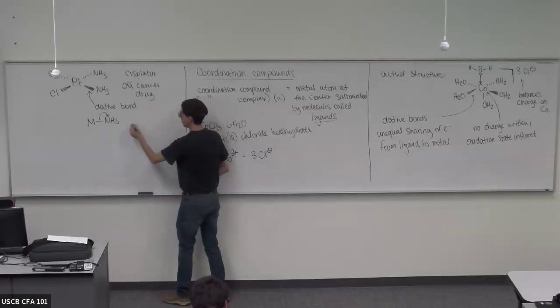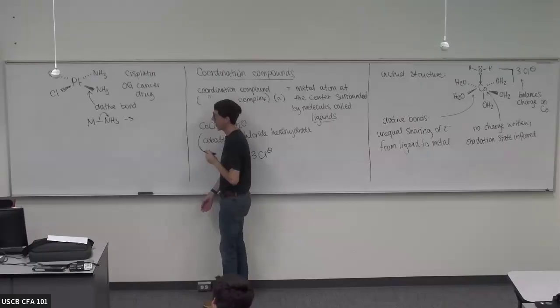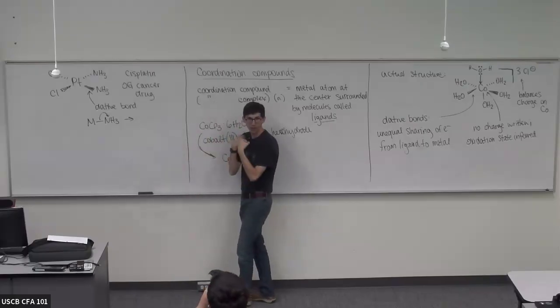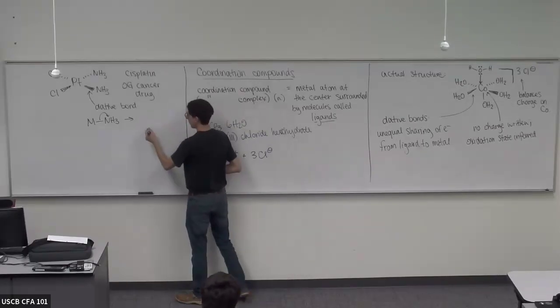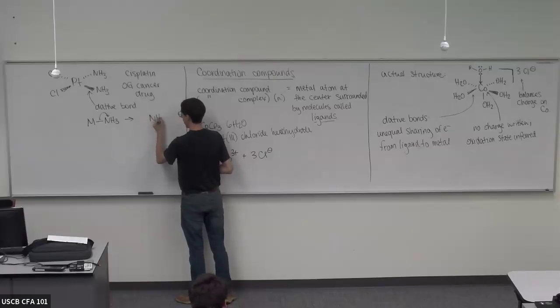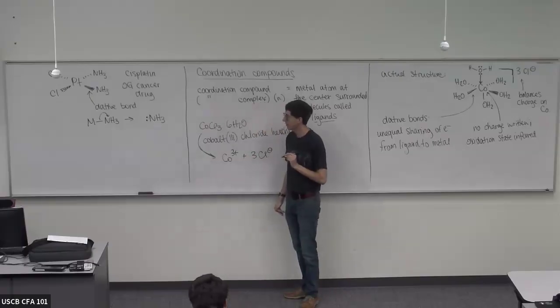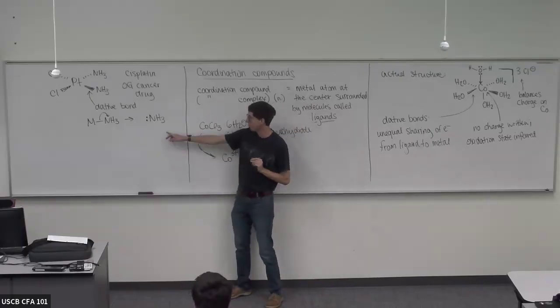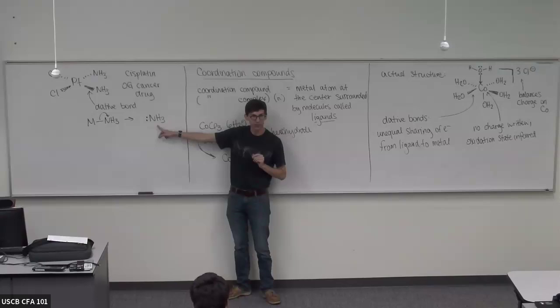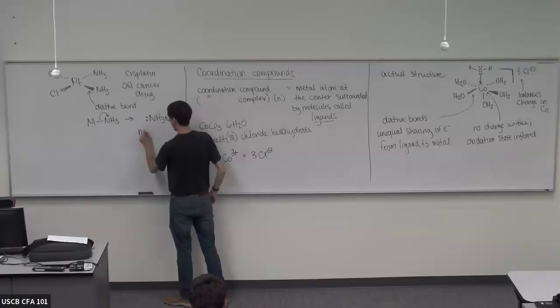If we draw something like this, where we pull the electrons back onto the ligand, we get that. Is that neutral or charged? NH3 with a lone pair, that's neutral.